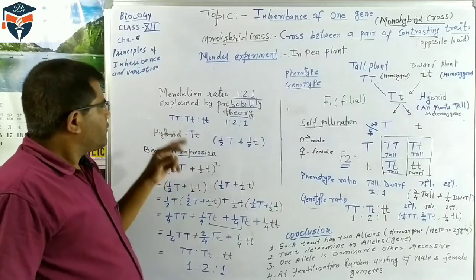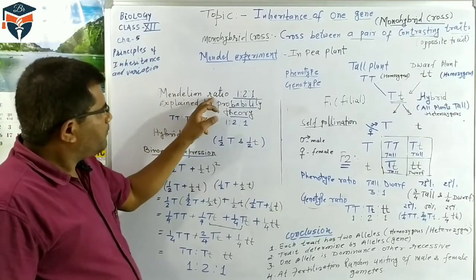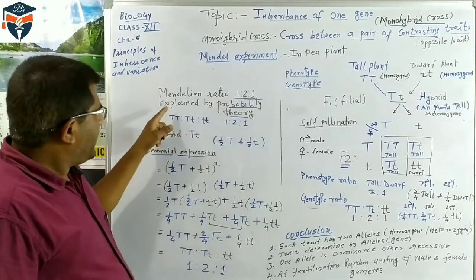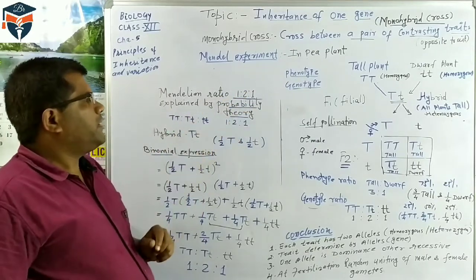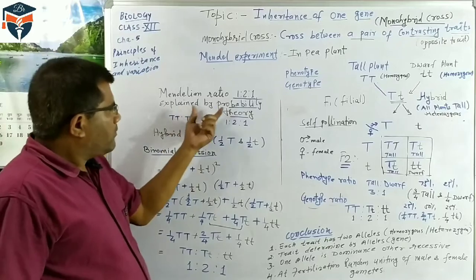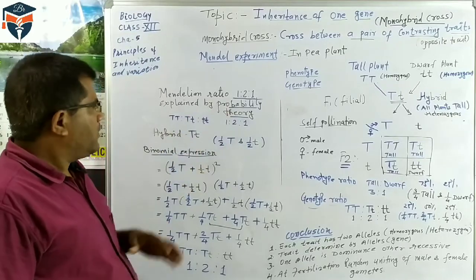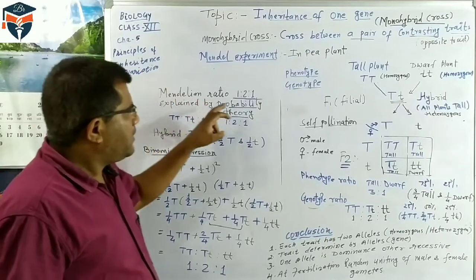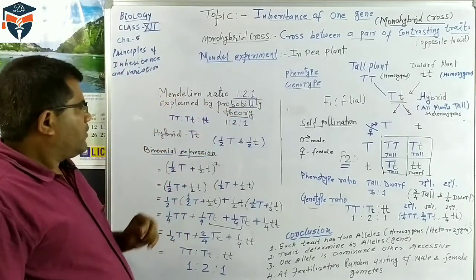So Mendelian ratio 1:2:1 is explained by the probability theory. It is the explanation of Mendel's law by the probability theory.